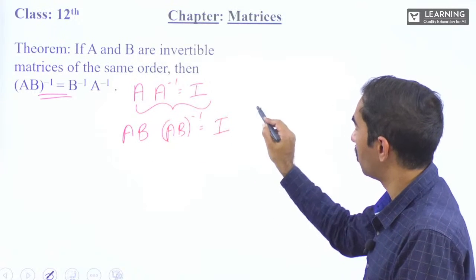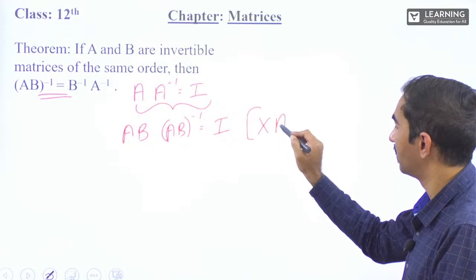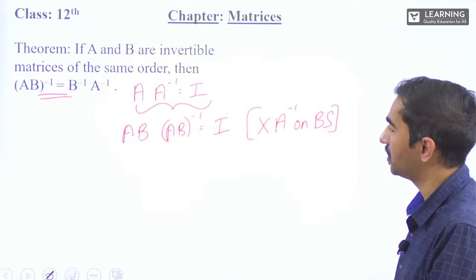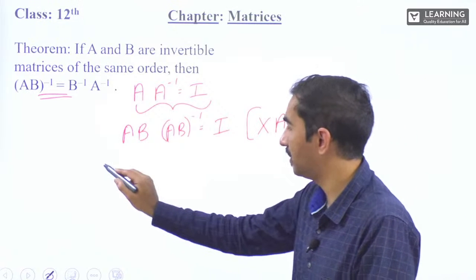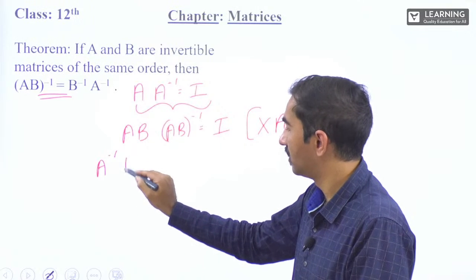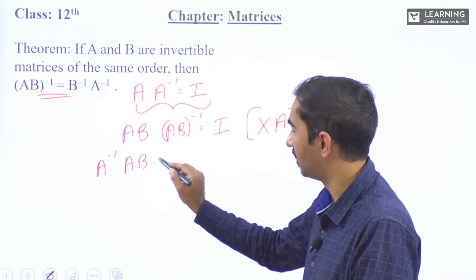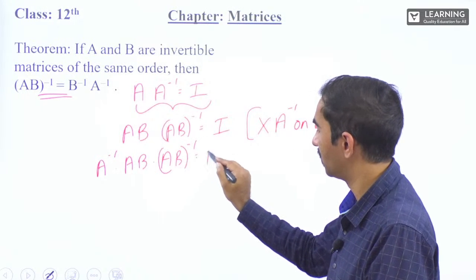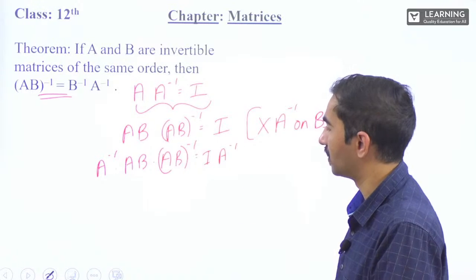Here we'll do one small operation: multiply with A inverse on both sides. Once you multiply A inverse on both sides, what will happen? A inverse into AB into AB the whole inverse is equal to I dot A inverse.